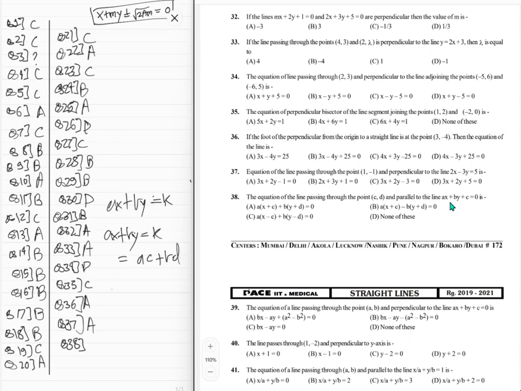So basically a into x minus c plus b into y minus d equal to 0, which is very intuitive, I think. It's like just shifting the line, and then it's through the origin if you shift it. Let x minus c be equal to capital X, and y minus d equal to capital Y, and then this line is going through the origin.